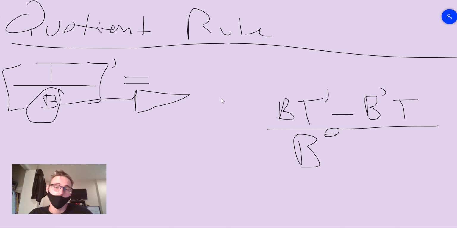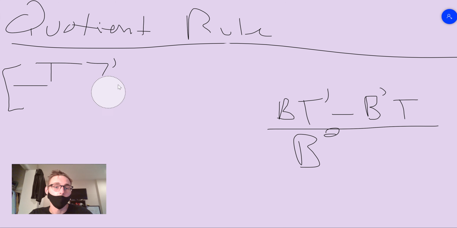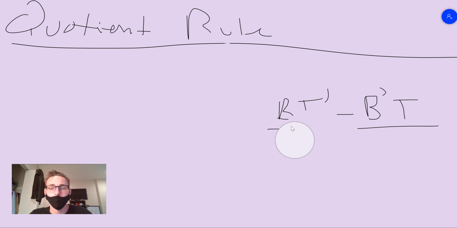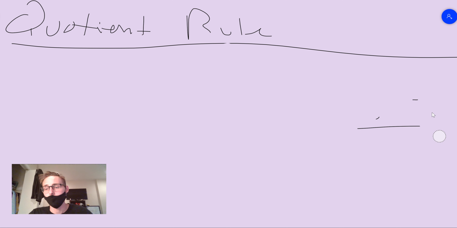So it's bottom times the derivative of the top minus the derivative of the bottom times the top, all over the bottom squared. This kind of thing is simple enough that it's going to be a matter of muscle memory at the end of the day. So you just need to practice.